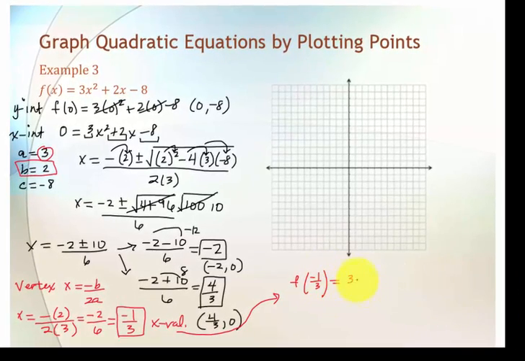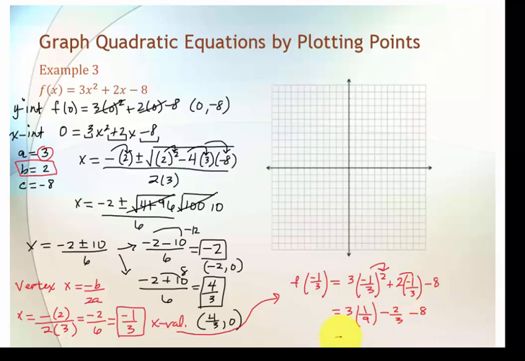So we're starting with 3 multiplied by our minus 1/3 squared plus 2 times minus 1/3 minus 8. Make sure you do the squaring first. So 3 will be multiplied by the fraction of 1/9, and then we'll have minus 2/3 minus 8.